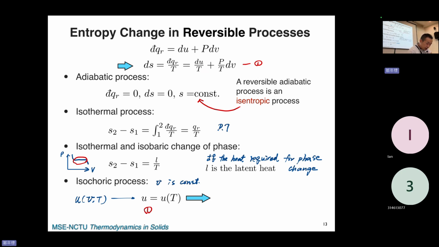So you can say (∂U/∂V) dV equals 0, so your dS equals dU over T. What is dU over T?